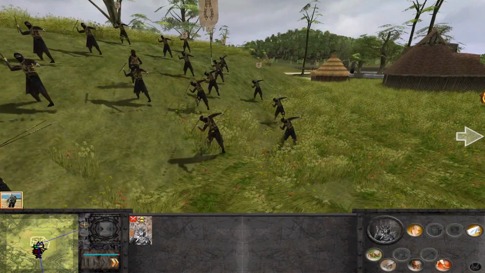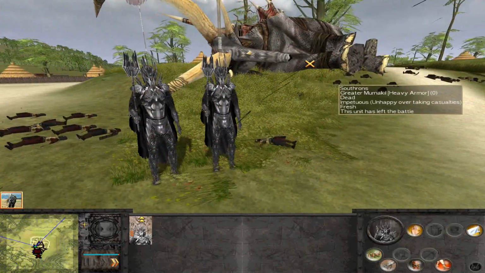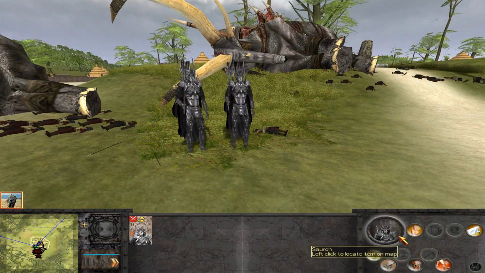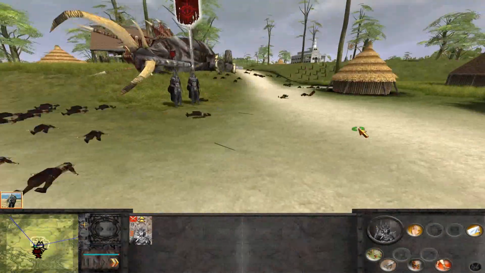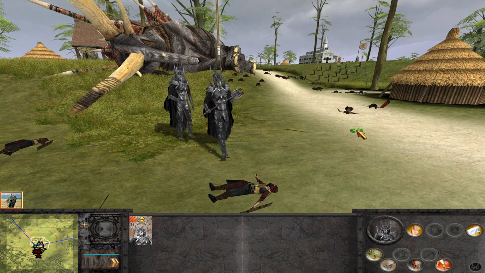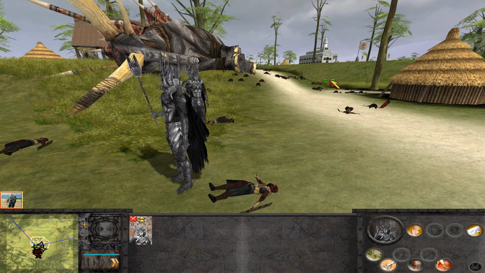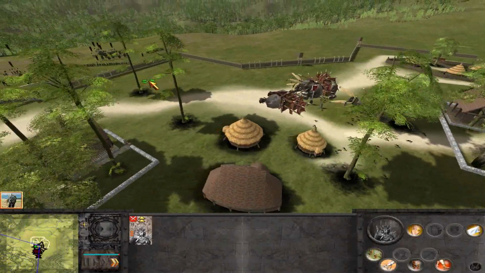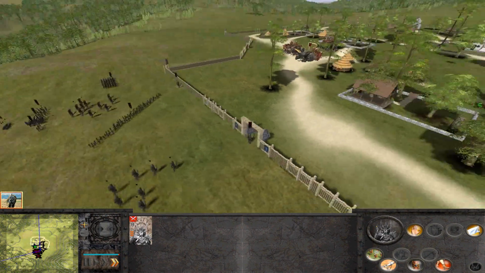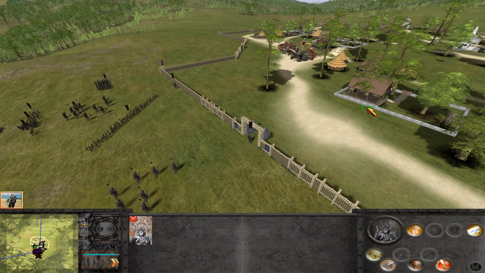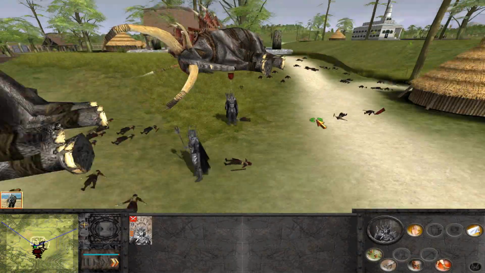I don't like javelin throwers. They can probably kill Sauron. Idiots aren't doing anything. Wouldn't be surprised if they killed Sauron.